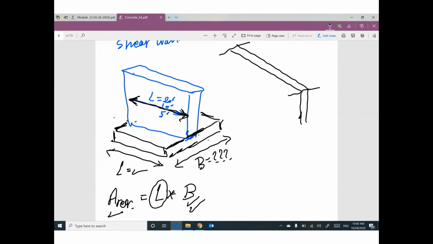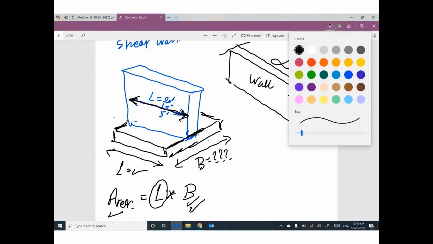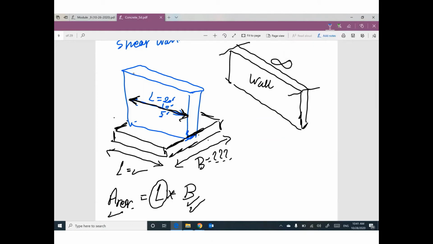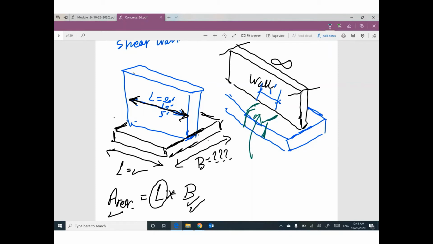If your wall is extended to infinity, I'm gonna assume unit length, 1 foot from the wall and 1 foot length from the footing.